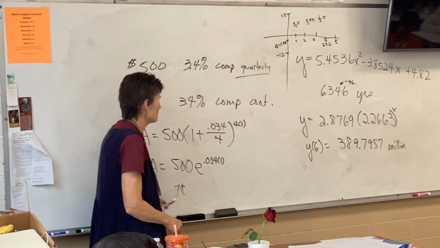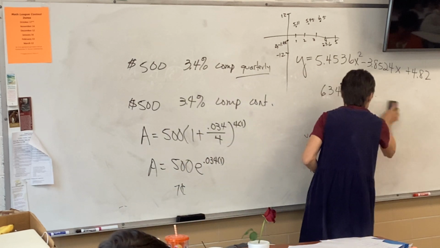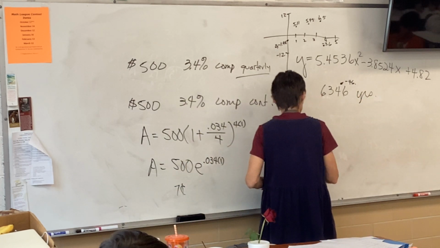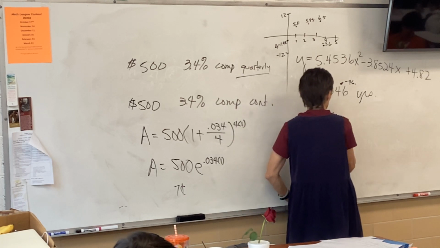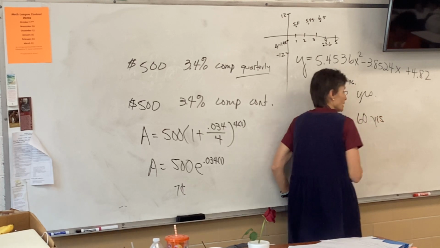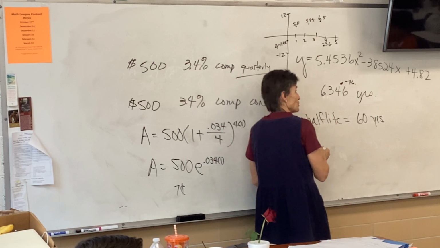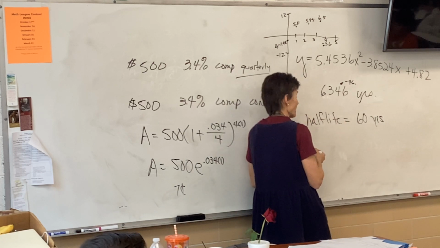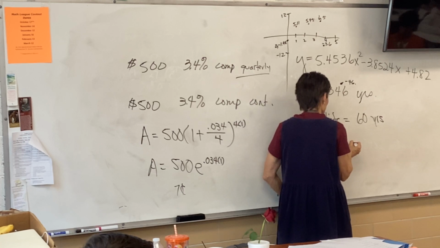We've done problems where we knew that the half-life of something was, let's say, 60 years. Okay, so when we built our equation, let's say we started with 100 grams of it. When we built our equation, we did this.